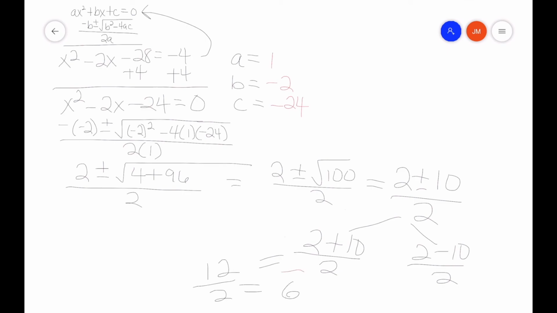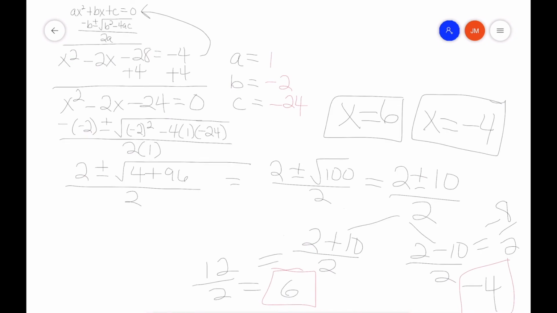That's our first answer. Second answer, 2 minus 10 is negative 8 over 2, which is negative 4, which is our second answer. So we know that x equals 6 and x equals negative 4.